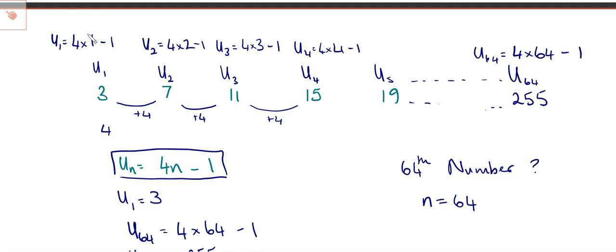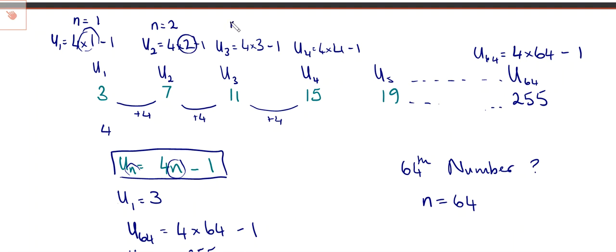Alright, so what we say is, for the first term, remember this 1 in the nth term is actually an n. So the first term is when n equals 1. The second term is when n equals 2.